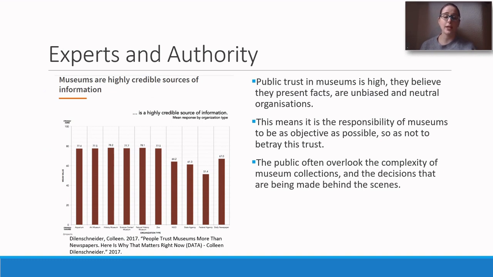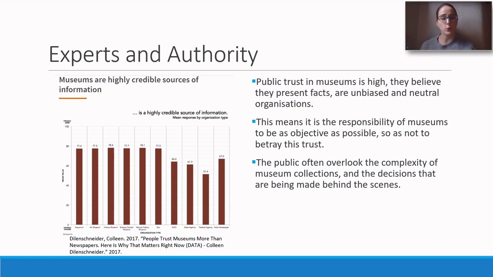One of the things you have to be really careful with is how we exploit the trust we have in museums. Museums are trusted by people. Here on the graph, out of all of the organisation types that were assessed in America, consistently museums and art galleries had the highest level of public trust, more so than charity organisations, state organisations, newspapers.